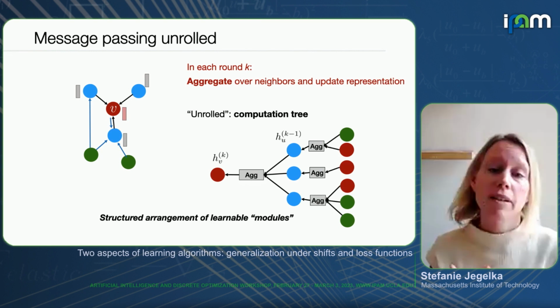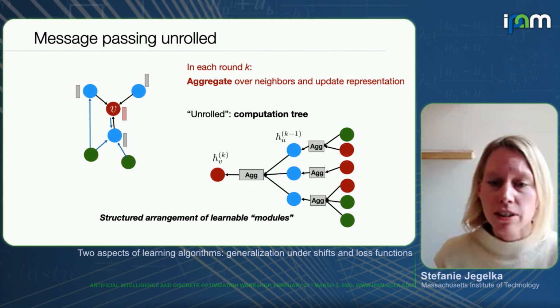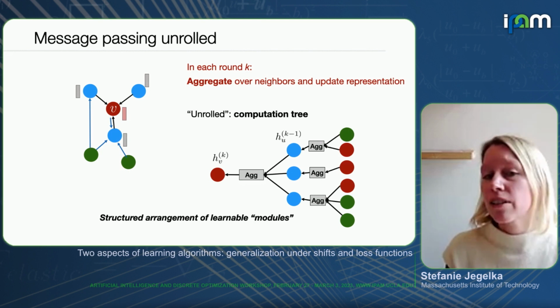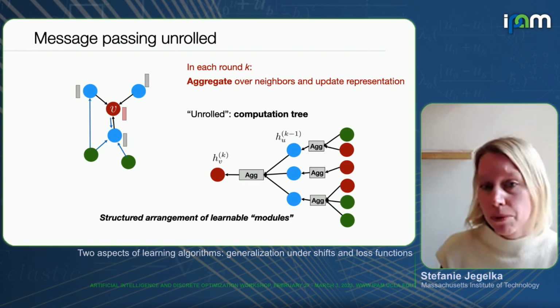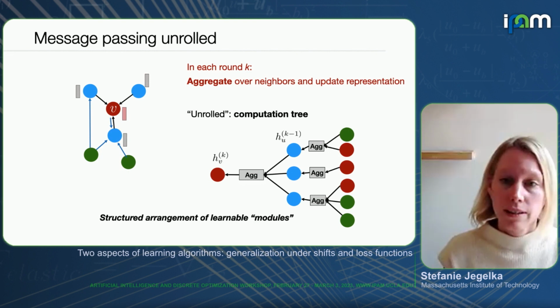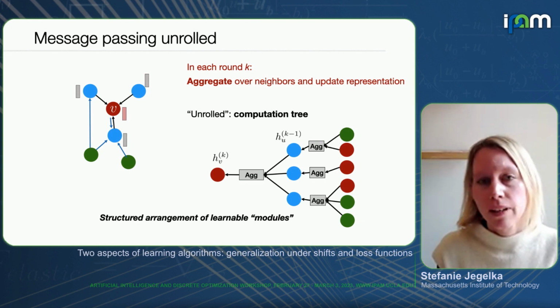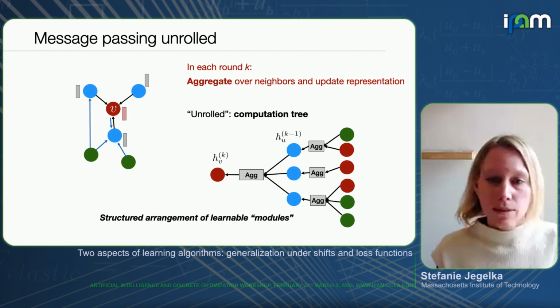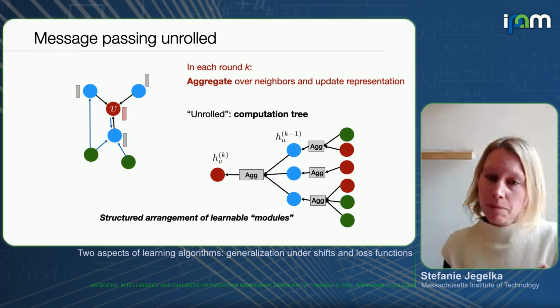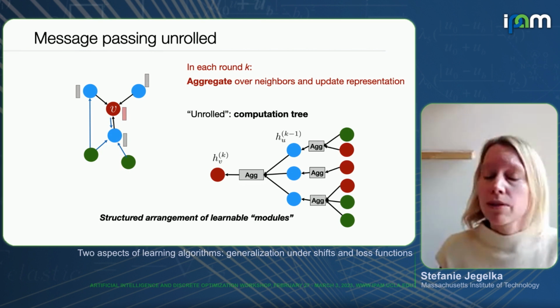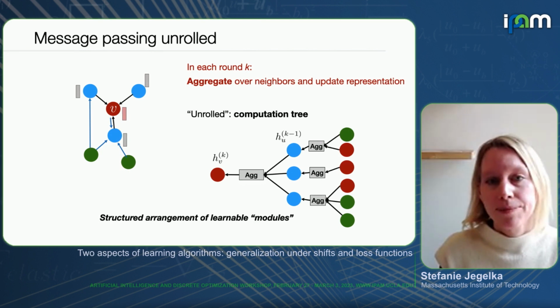I know I'm running message passing. I'm not changing that. The only thing I'm changing is the aggregation operation that I do in each round. So I call this the structured arrangement of some learnable modules. Okay, so let's keep this in mind. These computation trees are very related to what the graph neural network actually sees about the data.